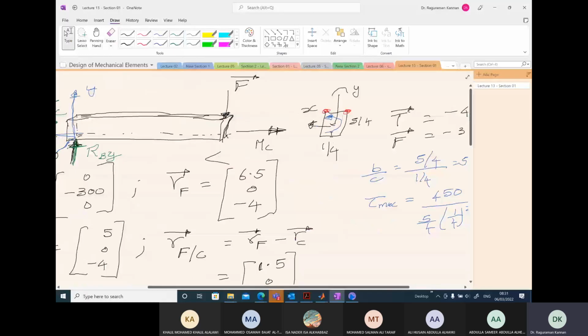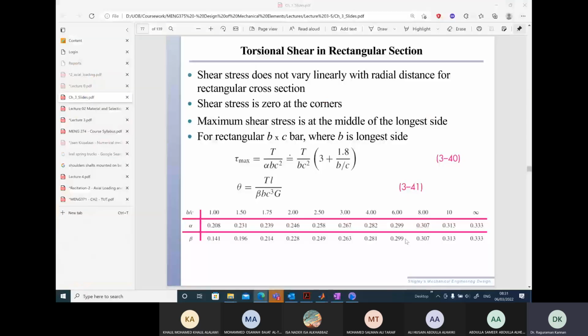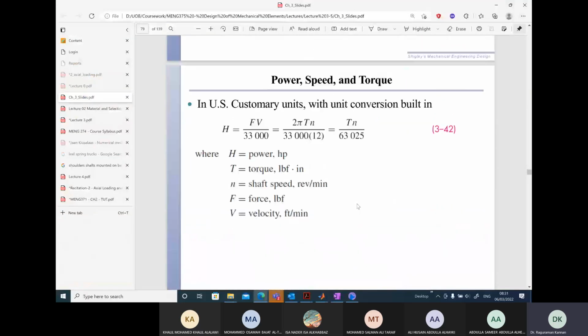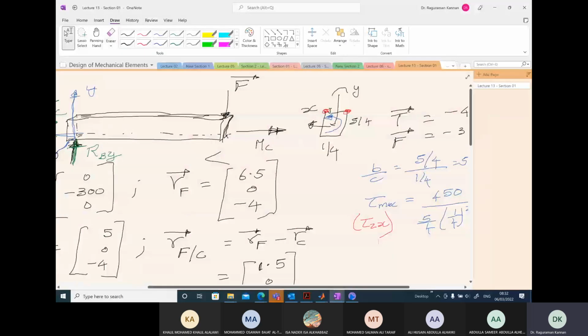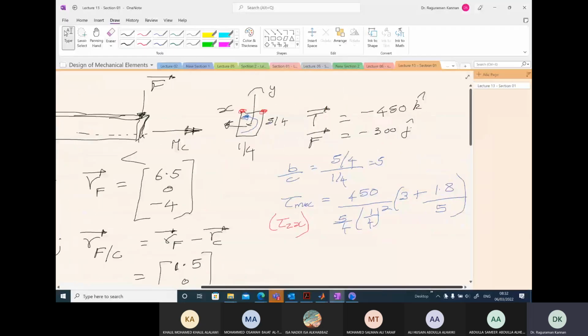Since this area is perpendicular to z direction, the first subscript will be z, and the second subscript, most probably, is going to be the x direction. So this component we are calculating is zx. In the question, we are asked to figure out which component it is. Let's see, where did we read? Indicate where they act. Okay, so where these act, probably in these 2 points, and this is the component of the shear stress. So let's calculate this.